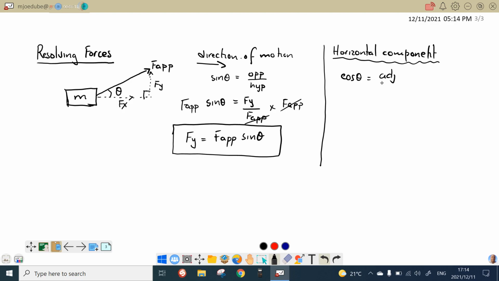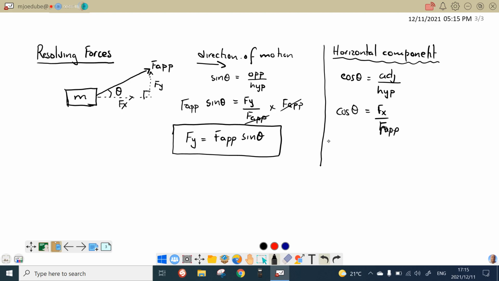So we know cos theta is equal to adjacent over the hypotenuse, and then we simply substitute the values as given on the diagram. So the adjacent is equal to your Fx over the hypotenuse, which is our Fap, or applied force. That's going to give us our cos theta.